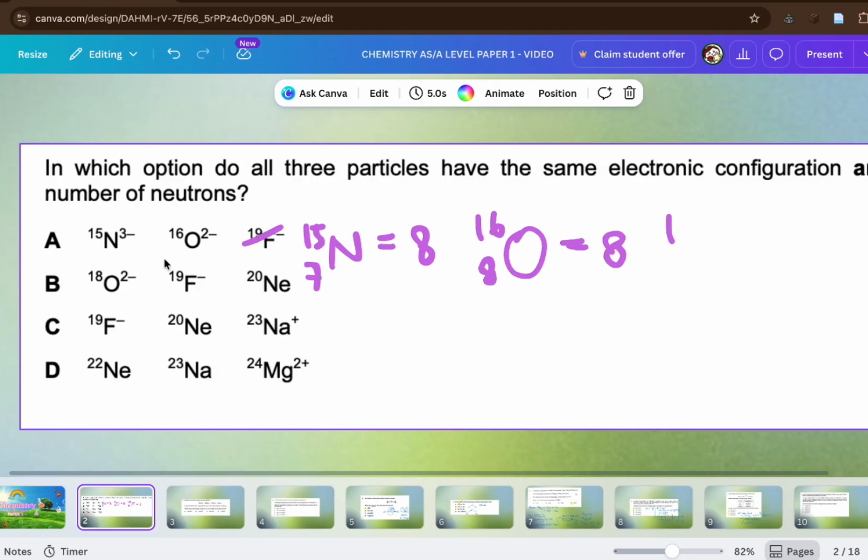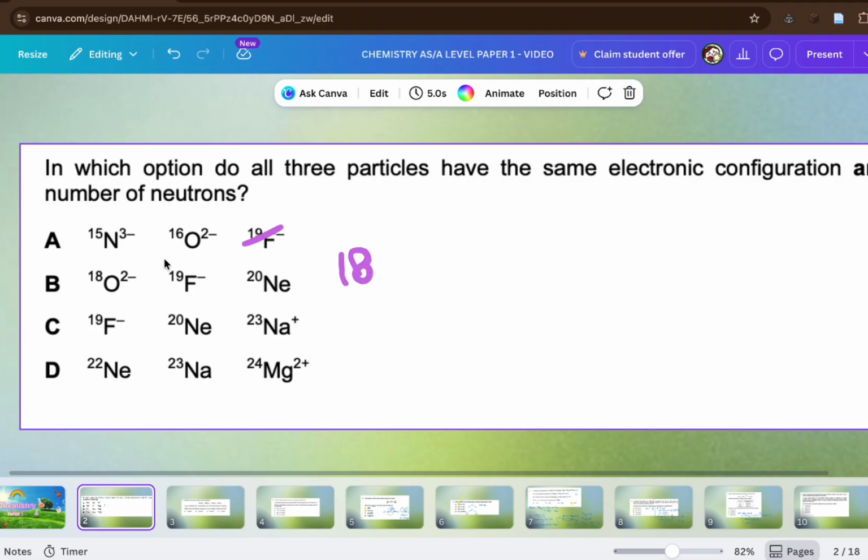Next. Option B, oxygen. This one has an atomic mass of 18 with an atomic number of 8. We find that the neutron is 10. Fluorine, just like we found before, is 10.